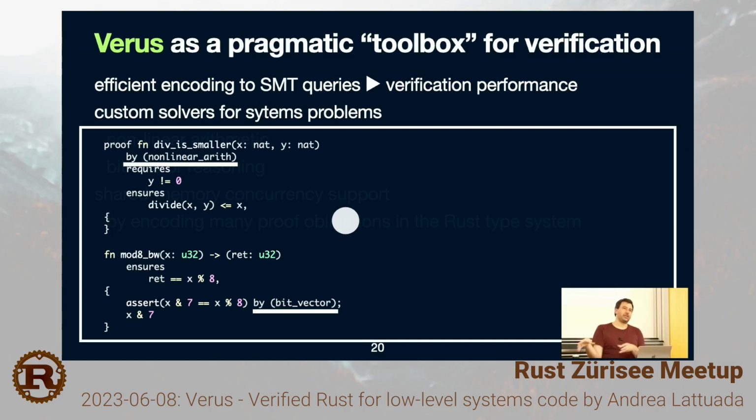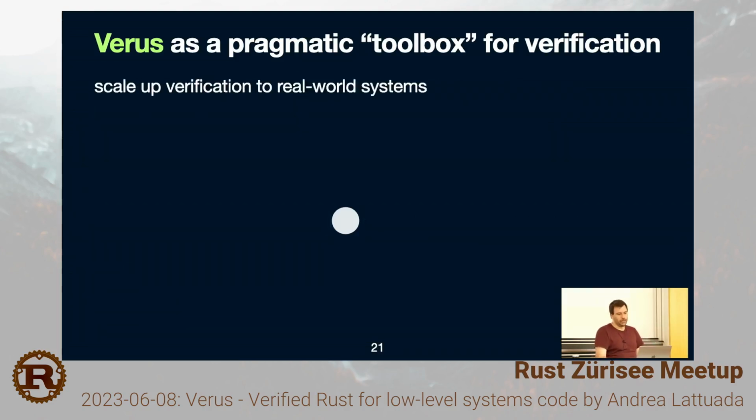This sidesteps the issue that Z3 is sometimes not great at doing all of this reasoning if it's mixed together. So it allows us to be very specific. OK, so again, around Verus as a pragmatic toolbox for verification, as researchers, we want to scale up verification to real-world systems so that people can benefit from these techniques.